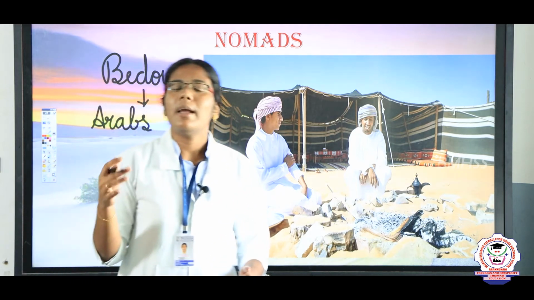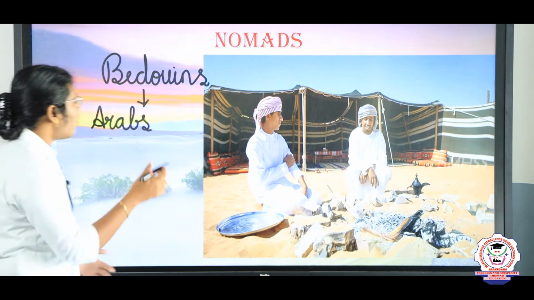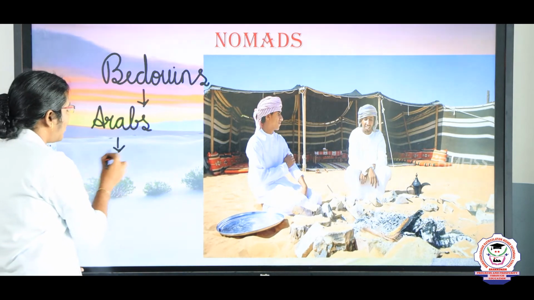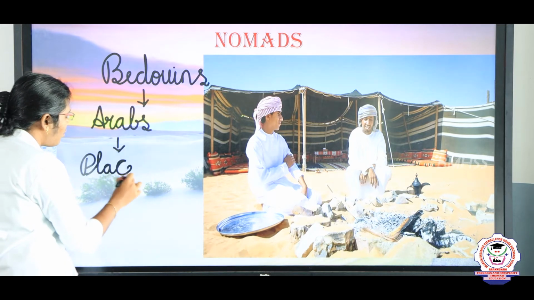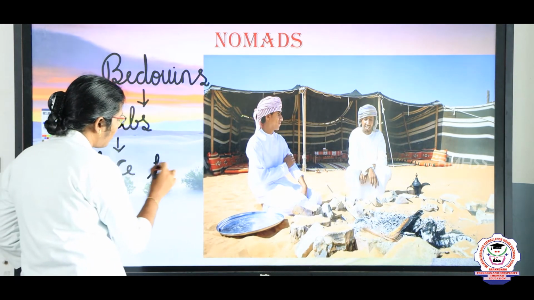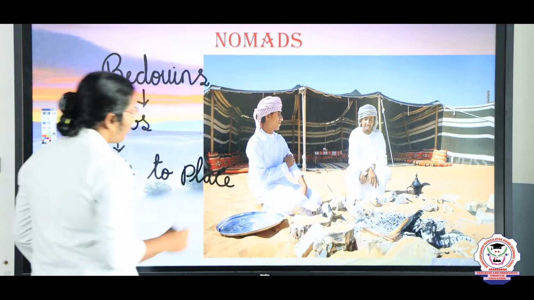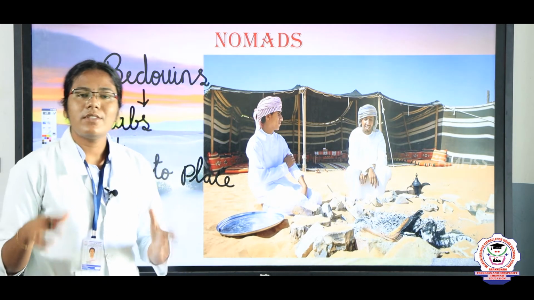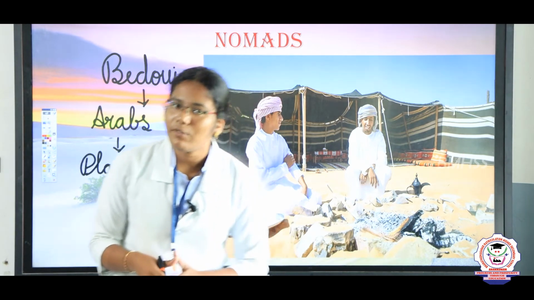Nomads are people who move from one place to another in search of food, water or shelter. So the people who live in Saudi Arabia are said to be Bedouins, which means the nomadic life of Arabs.